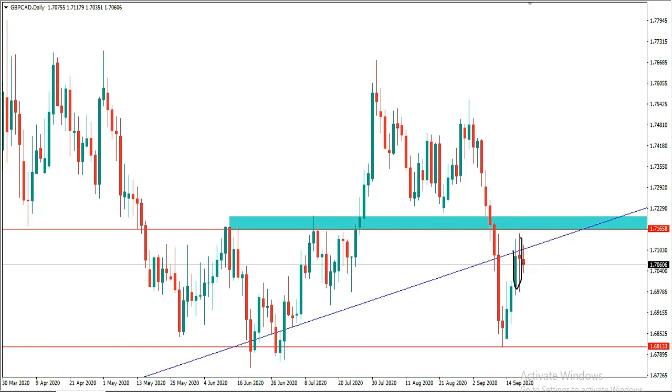In fact, Wednesday's candle rejected that resistance, Thursday's candle also rejected, Friday's candle also rejected the same level of resistance. So we can see that this area is holding firm as resistance. We can already see all the rejections we have, and we can expect that the price is ready to make the next move lower.